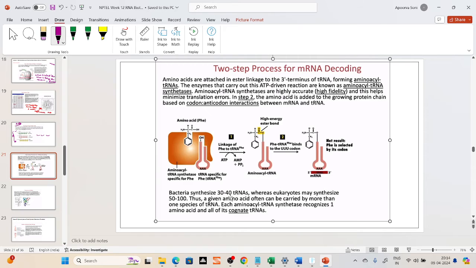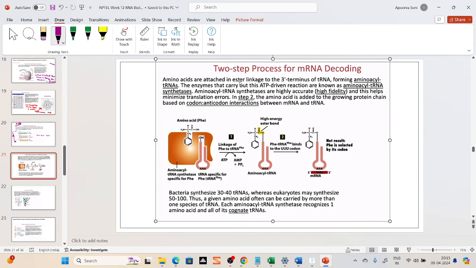This is a two-step process. First, you see, this is the tRNA and this is the amino acid, phenylalanine. It gets linked to the tRNA and forms aminoacyl tRNA. Now this aminoacyl tRNA binds with the mRNA codon.